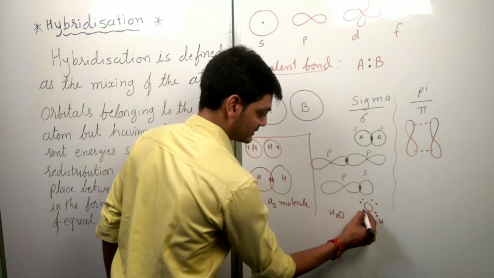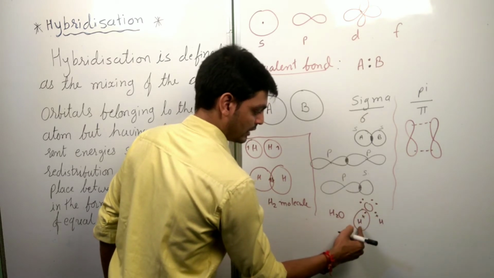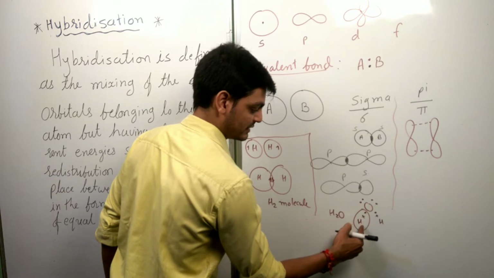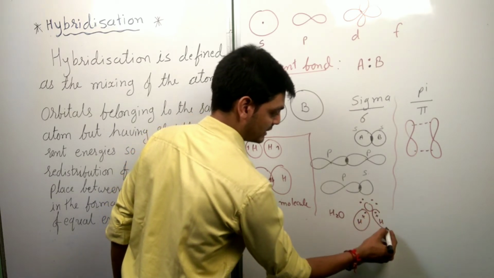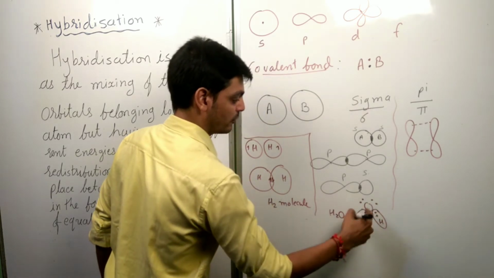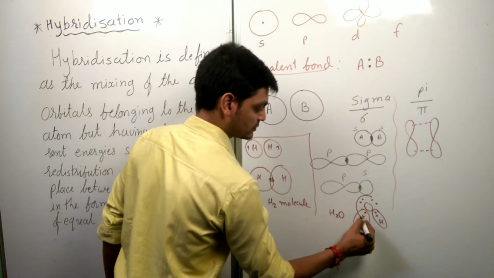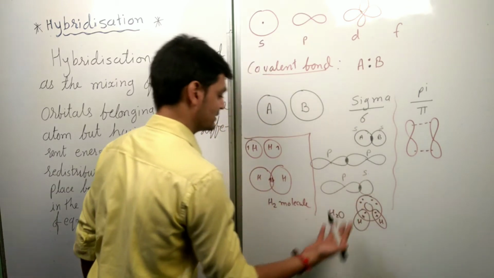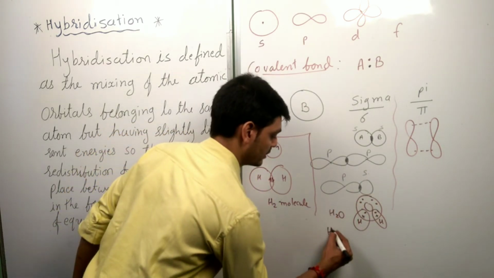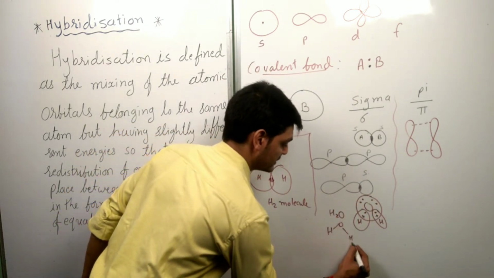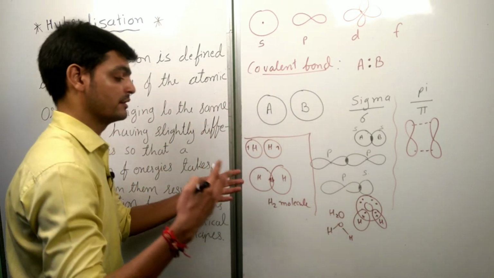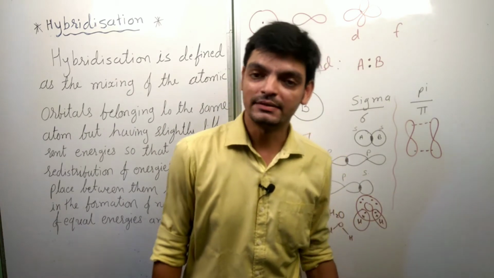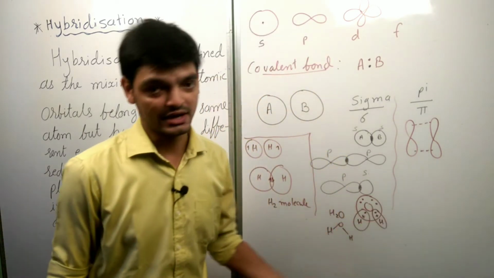So here you can see that hydrogen is sharing 1 electron with oxygen. Oxygen is also sharing 1 electron with this hydrogen, and the total number of electrons of oxygen is 1 2 3 4 5 6 7 8. So like this they are forming a bond, and the shape of the water molecule is bent, and you can understand how and why this shape is by VSEPR theory.